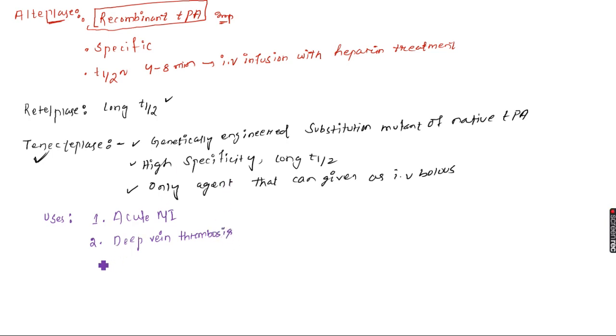Third one is pulmonary embolism. Fourth one, it can be given in stroke, or it can be given in peripheral arterial occlusion.